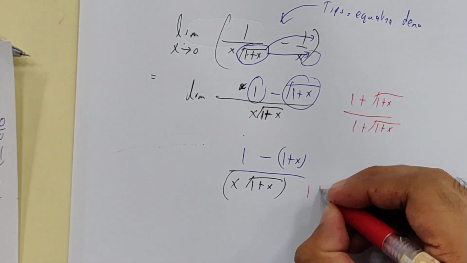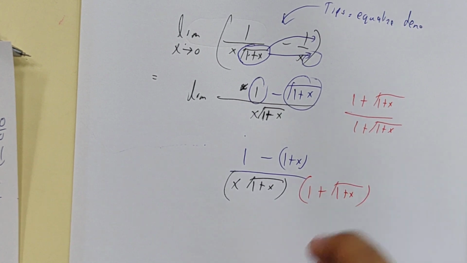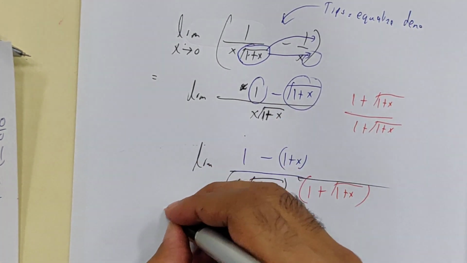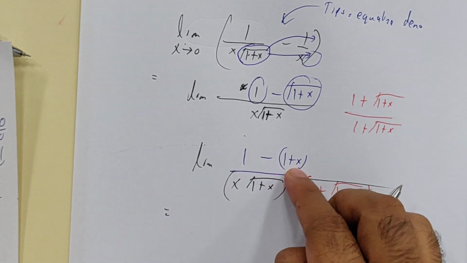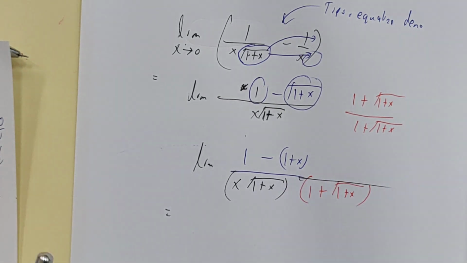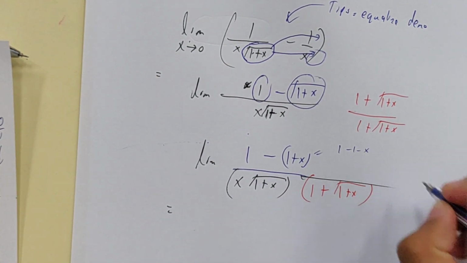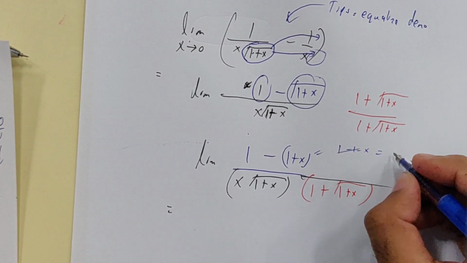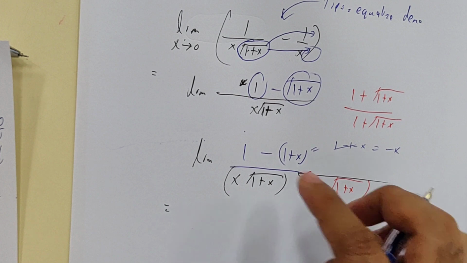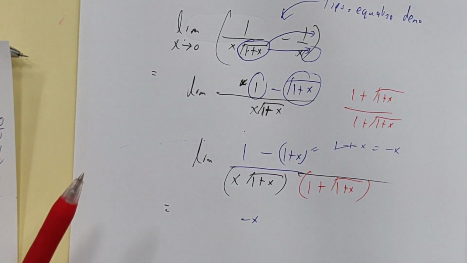No, you don't have to. And of course your Uncle Lim. Okay, 1 minus 1 plus x. What do I get? This one here, I get myself 1 minus 1 minus x. So minus x, okay? Plus becomes minus, okay?